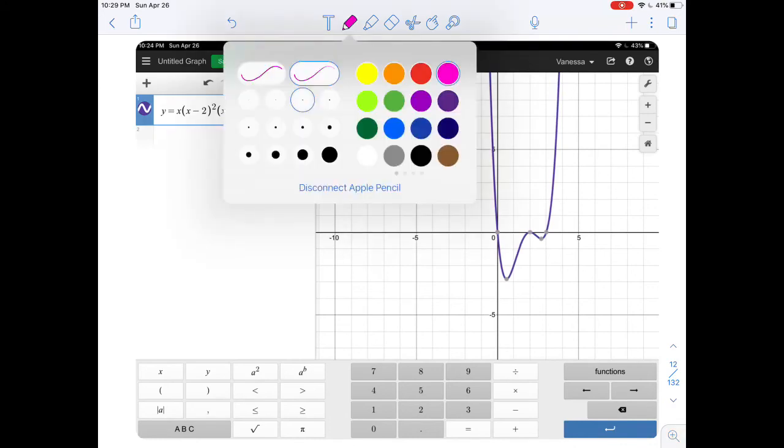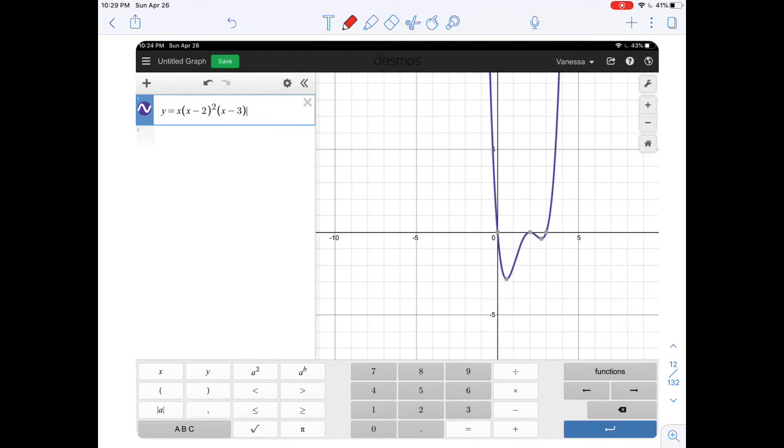So we know that we have this x-intercept, x equals 0. This one has a bounce, so we have two factors there, which corresponds with this. And then we have x equals 3. So x equals 0, x equals 2, and x equals 3. Here we have a bounce, and this bounce counts as 2, so we have a total of 4 x-intercepts.